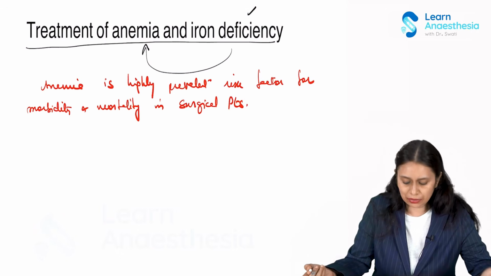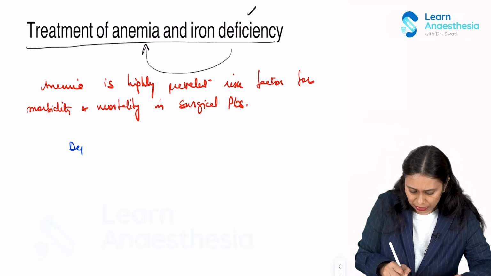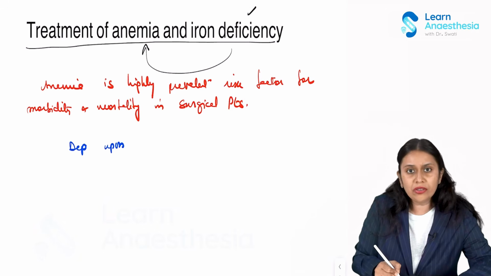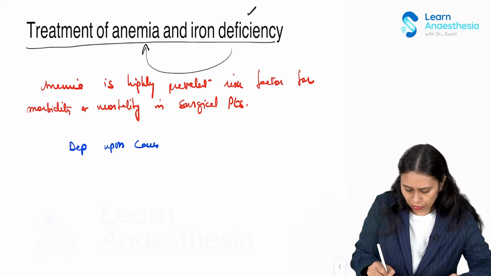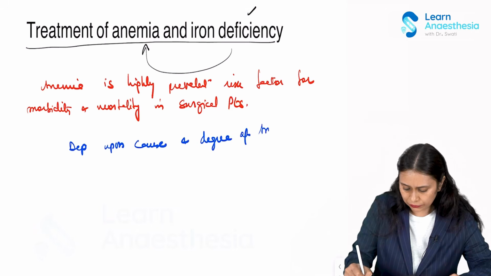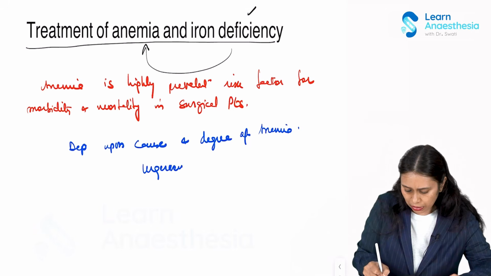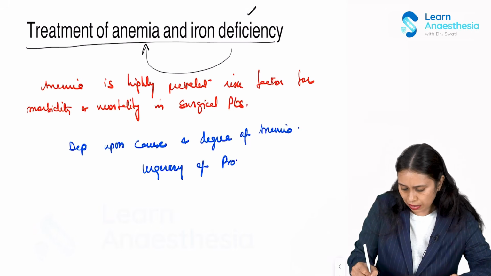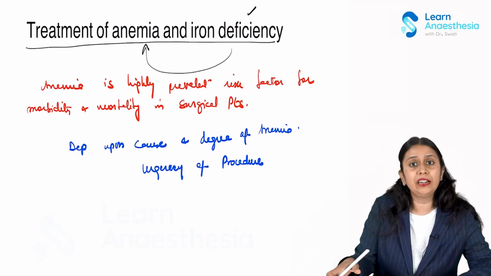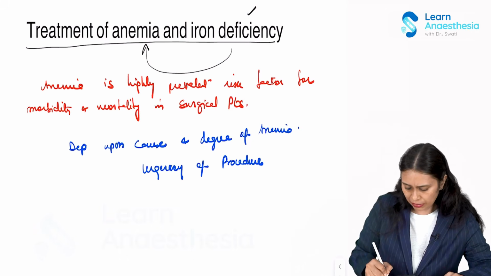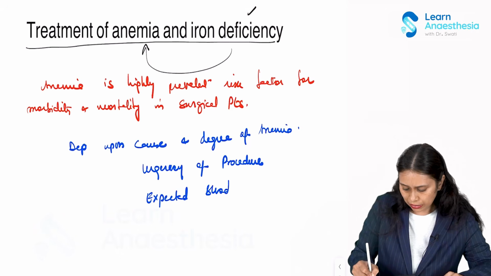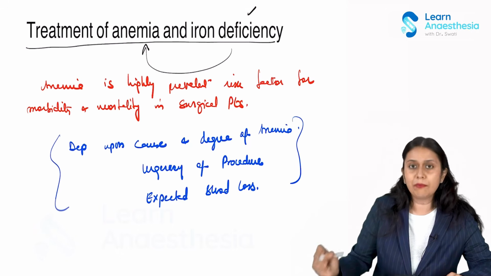So depending upon the cause of anemia and degree of anemia, then depending upon the urgency of the procedure, and depending upon the expected blood loss in the procedure, we plan our management.